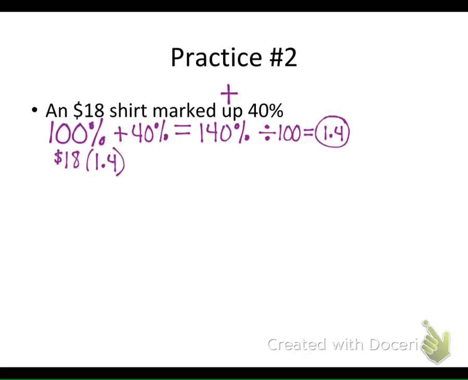So $18 times 1.4 is what, Isaiah? $25.02? No, 0.2. So if it's 0.2, yes, I have to have the 100 spot, so I'll put that 0 in. So a shirt that originally is $18 that they're going to mark up 40% is going to end up costing me $25.20.